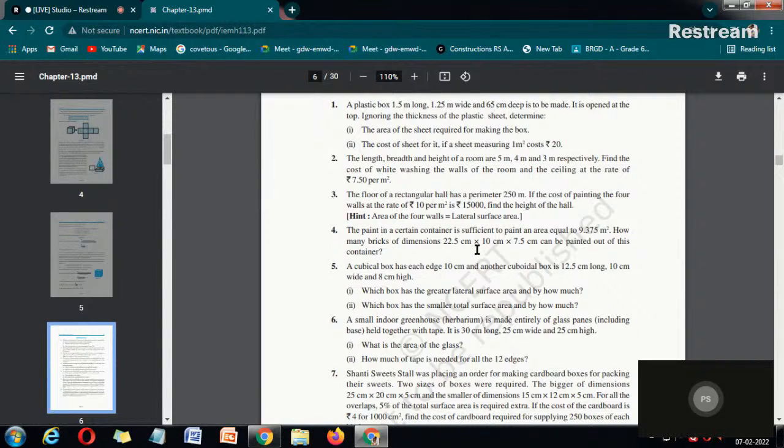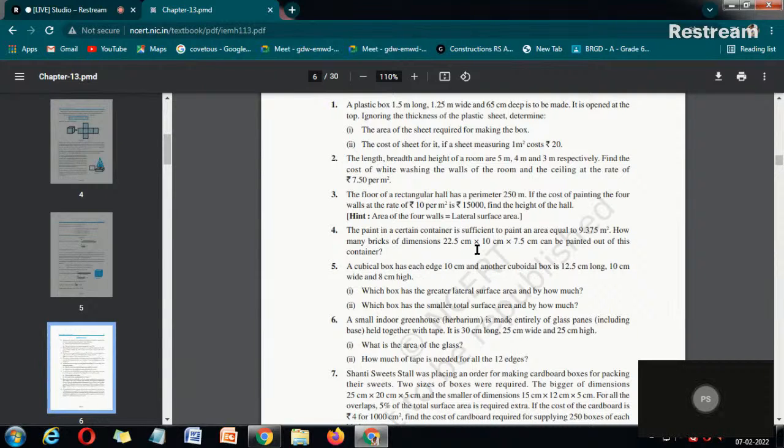So as you can see, the number of bricks will be equal to the area. Here the area is 9.375, okay, so 9.375 by 0.09375.